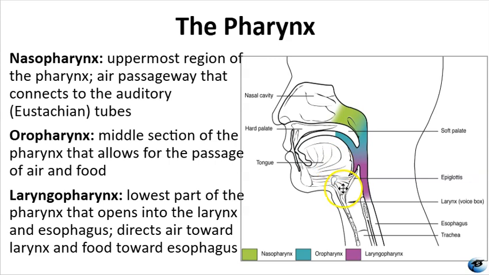The laryngopharynx is the lowest part of the pharynx, and it opens into the larynx, which leads to the trachea and lungs, and also the esophagus, which leads to the stomach. This area is responsible for directing air into the respiratory tract and food into the digestive tract, which makes it a really important key junction in the upper airway.